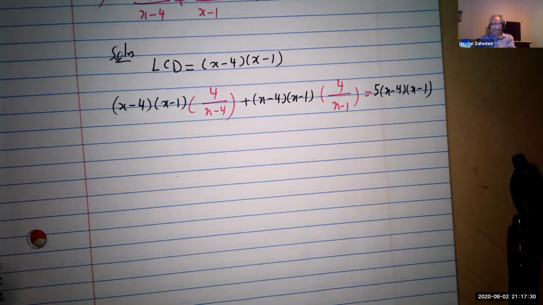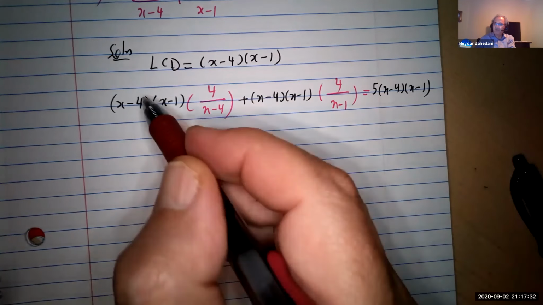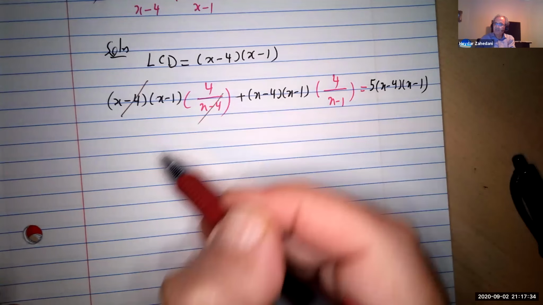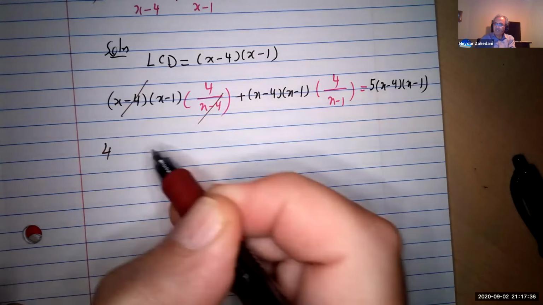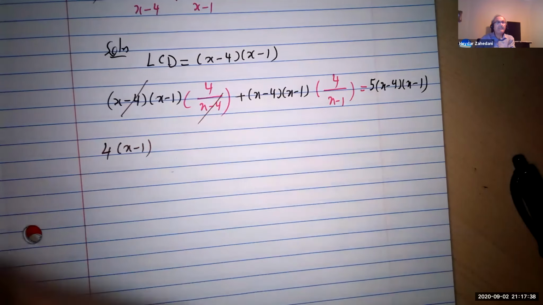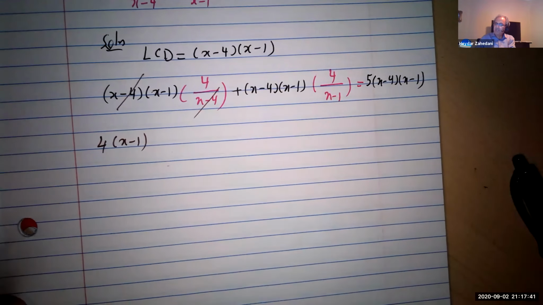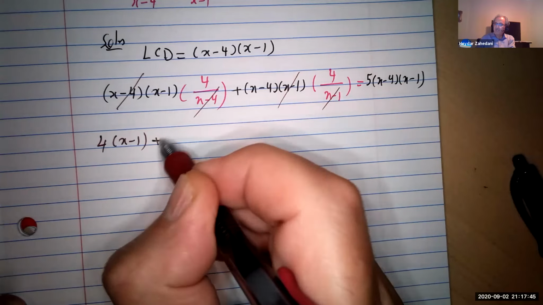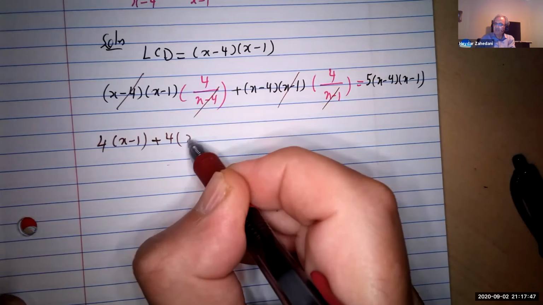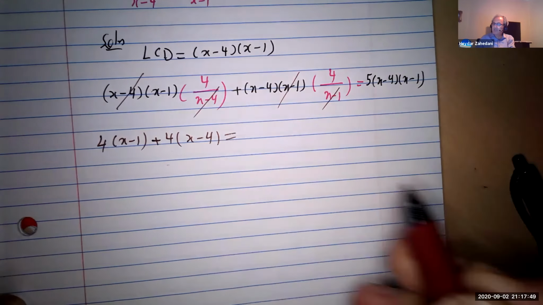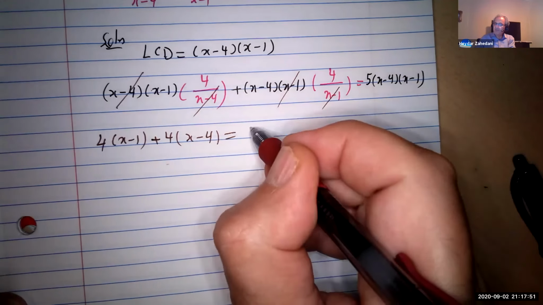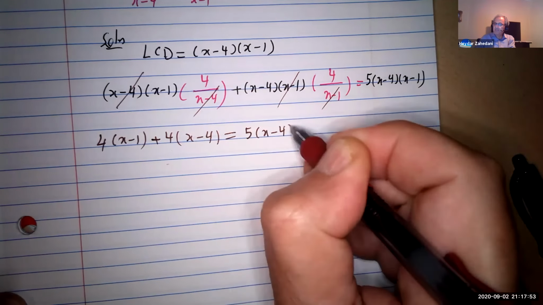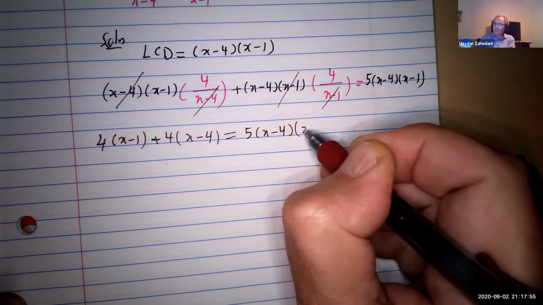Remove the common factors, simplify the leftover. So these 2 would be out. That gives you 4 times x minus 1. For the second part, these 2 would be out. So that gives you 4 times x minus 4, equal to, you have nothing to simplify over there.